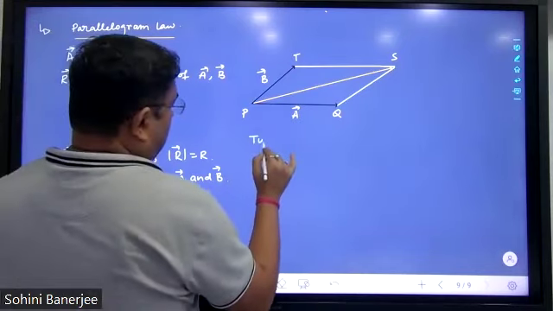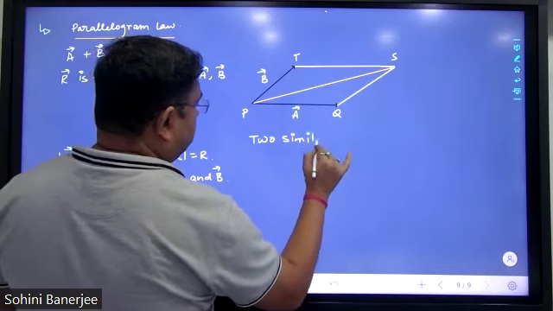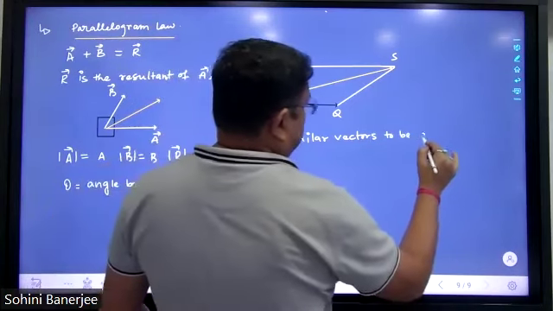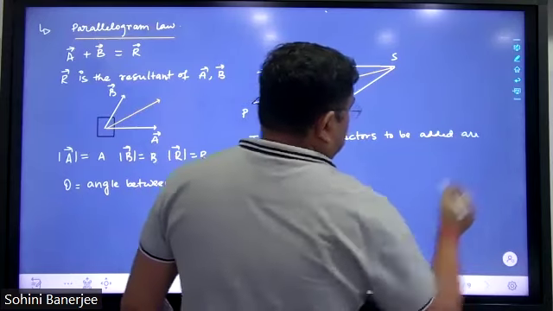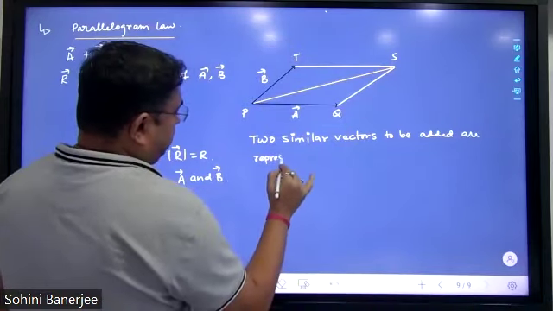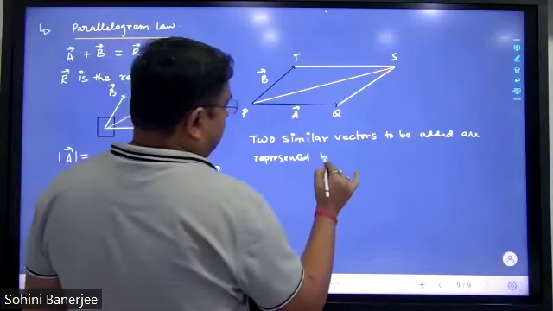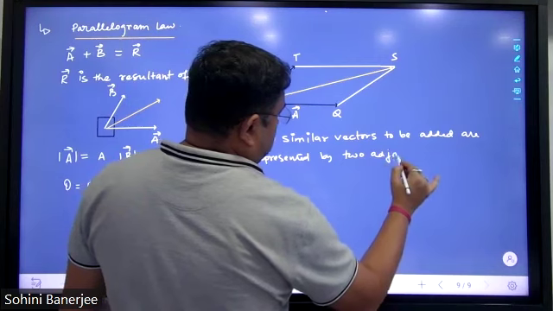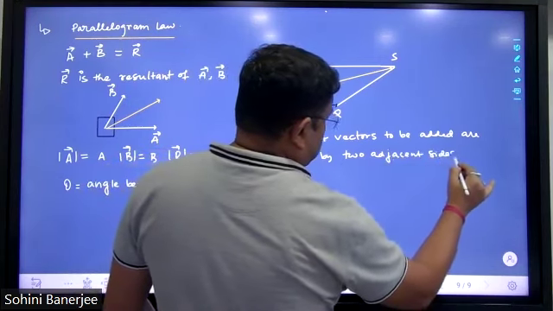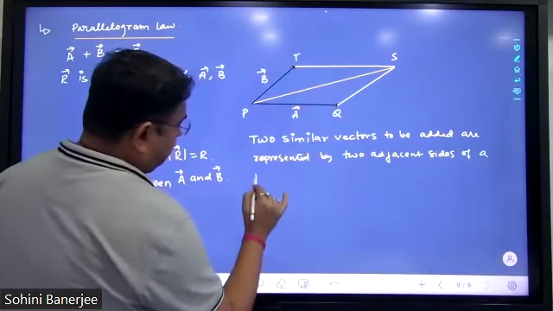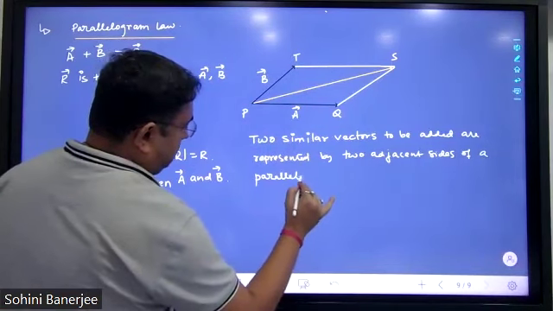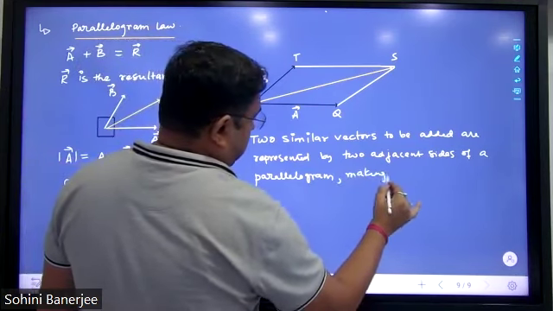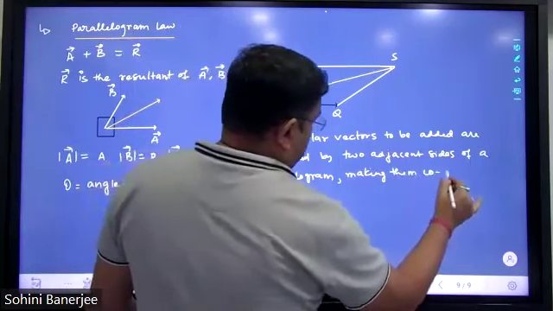So two similar vectors to be added are represented by two adjacent sides of a parallelogram, making them co-initial.